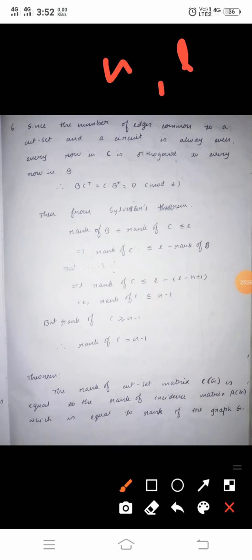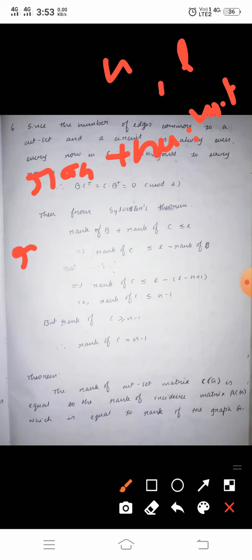We know the formula: rank of a graph plus nullity of a graph is equal to the number of edges in the graph. Then rank is the number of edges minus nullity.